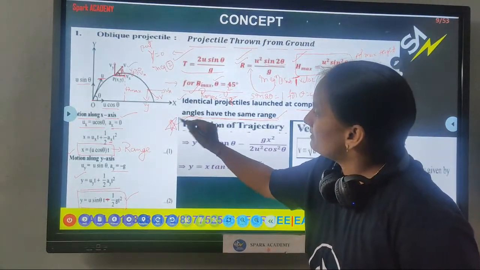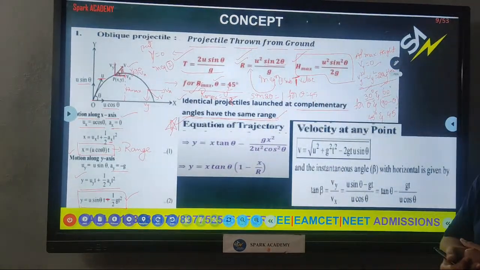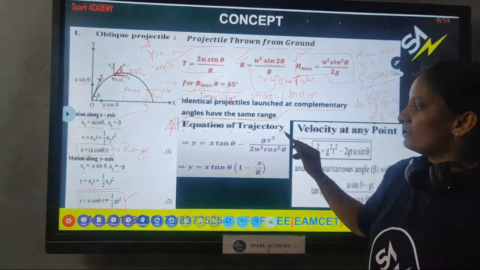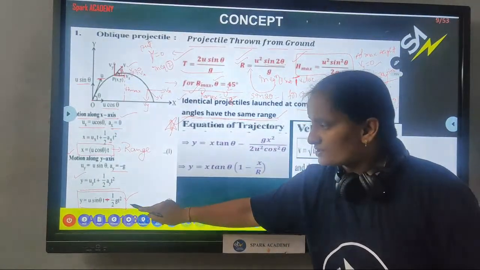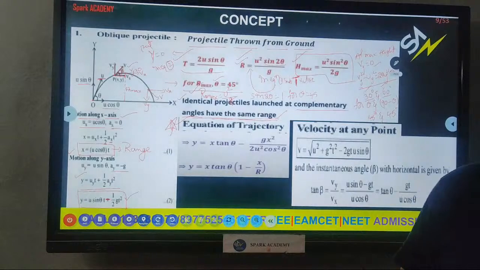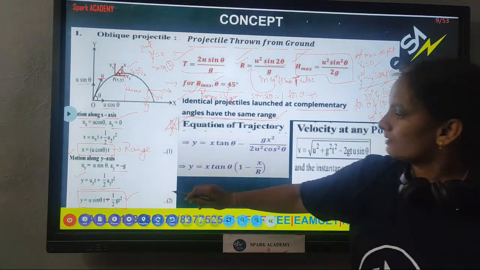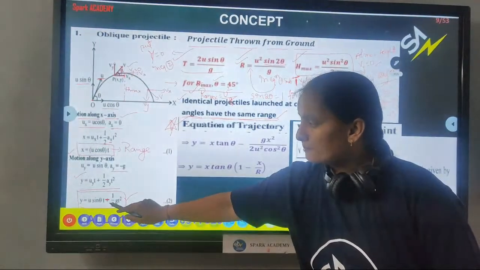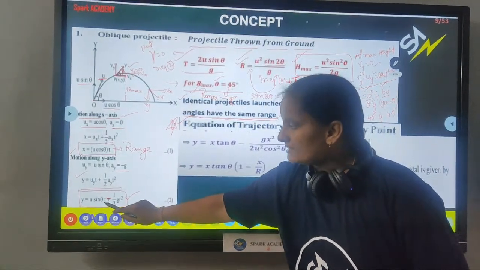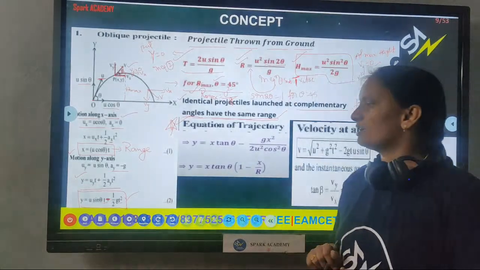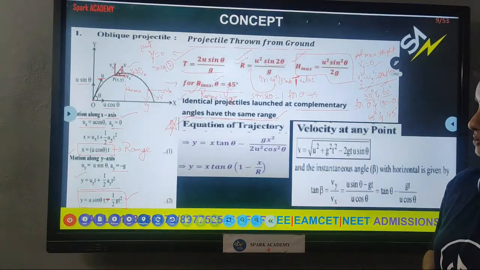Next, the important equation of a trajectory. Equation of trajectory: let us see here the vertical distance is u sin theta into t minus half g t square. Here t is nothing but the total time taken to reach the ground.